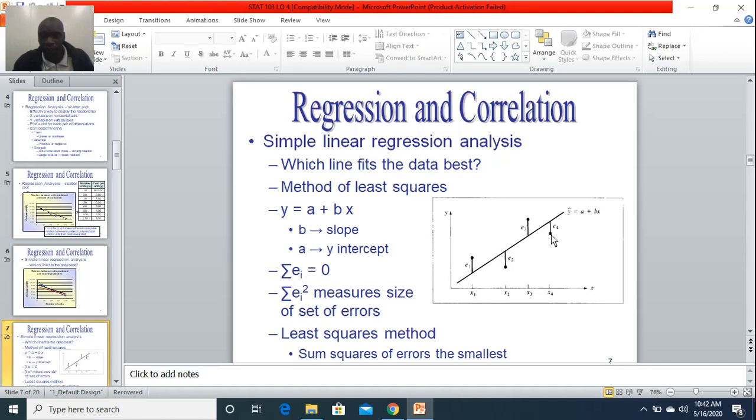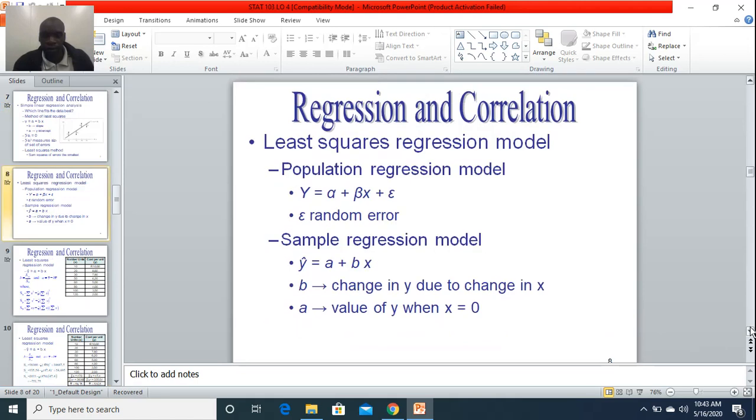So how do we find it? We should calculate the line y is equal to a plus bx. Basically what we need here is to know a and b. x and y are part of the formula. If we want to represent the error, we add it here.